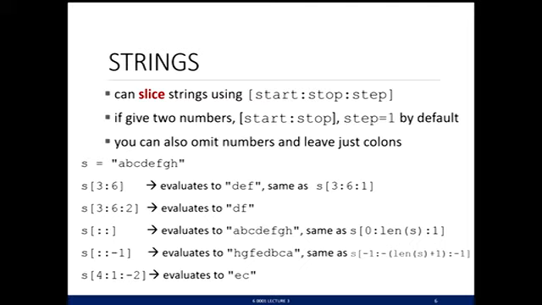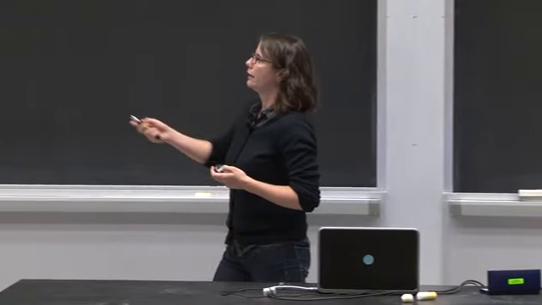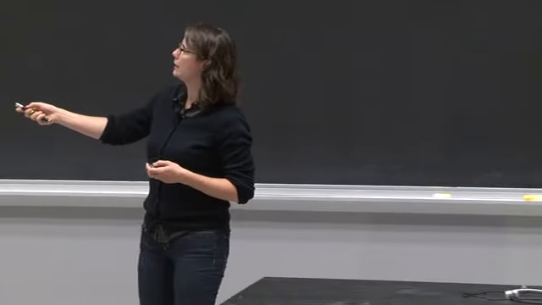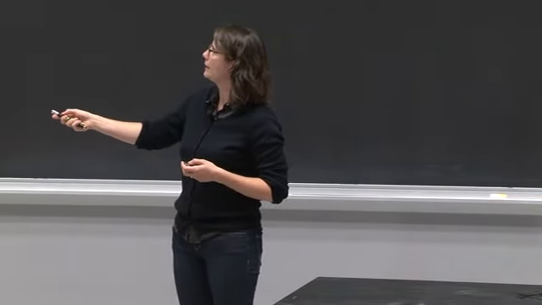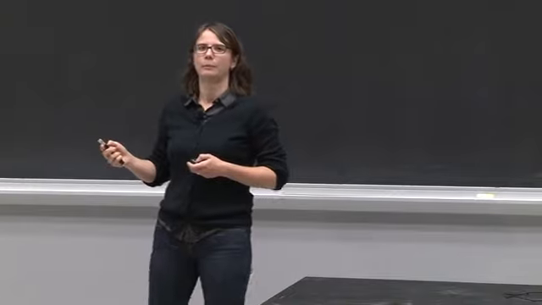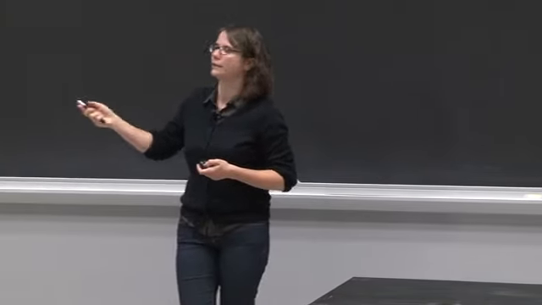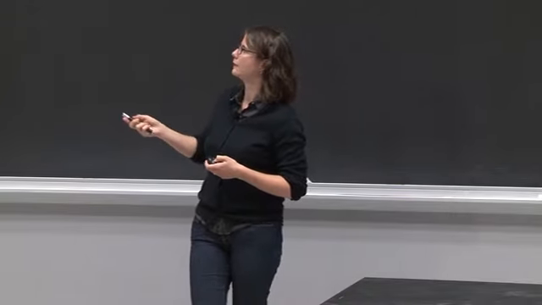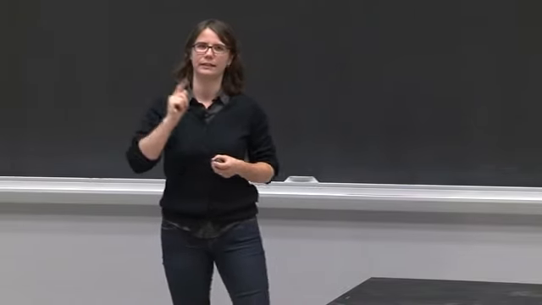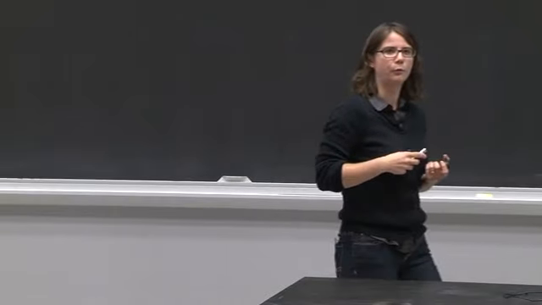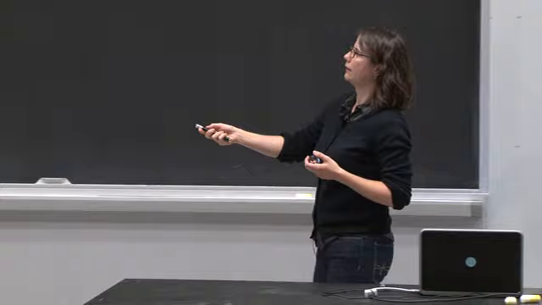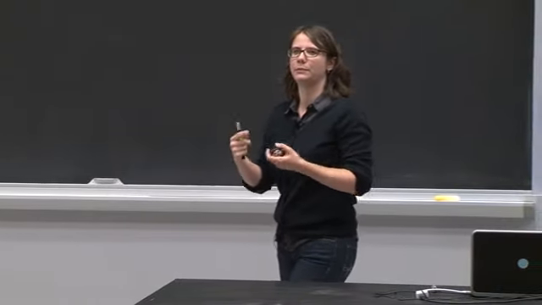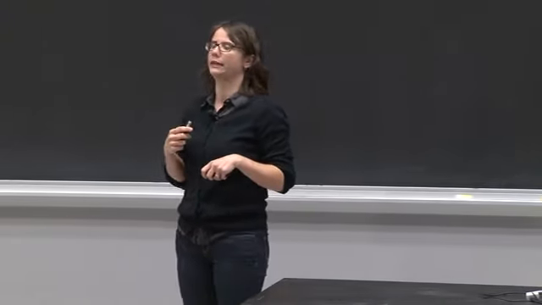We had a start, stop, and a step. The notation was a little bit different because in range we had open and close parentheses and commas in between, but except for that, this works the same. The start is the index, starting from 0, from where you want to slice into this string. The stop is the stop index, so you're going to go up until stop minus 1 and take that index.